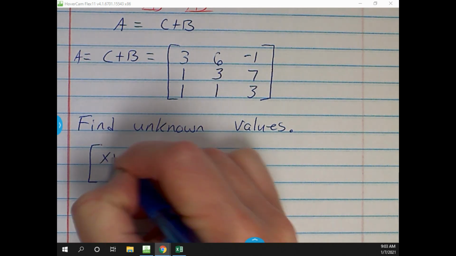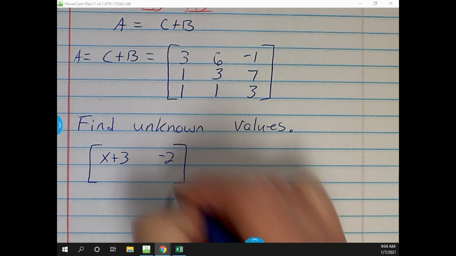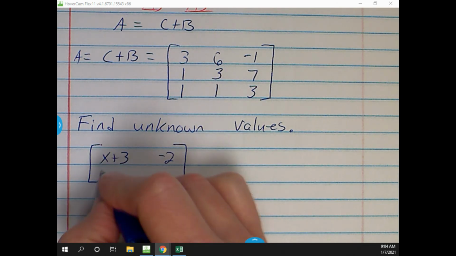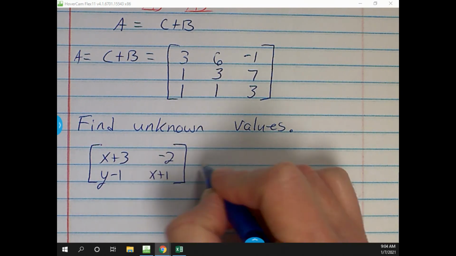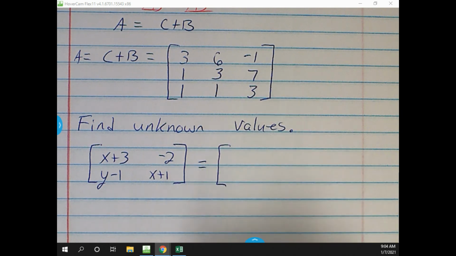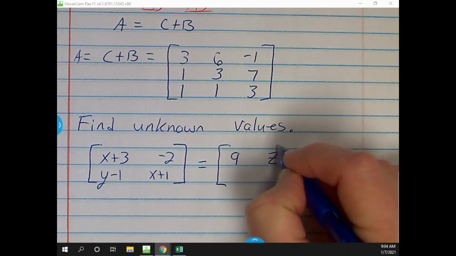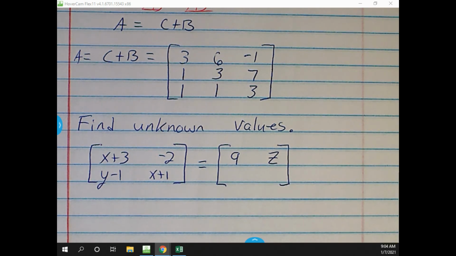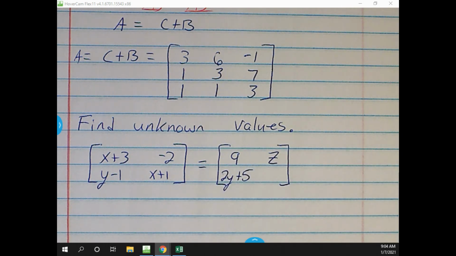You'd have x plus 3, negative 2, maybe y minus 1, and x plus 1. And in the other matrix on the right-hand side, maybe it's 9, it's a z, 2y plus 5, and then 7.